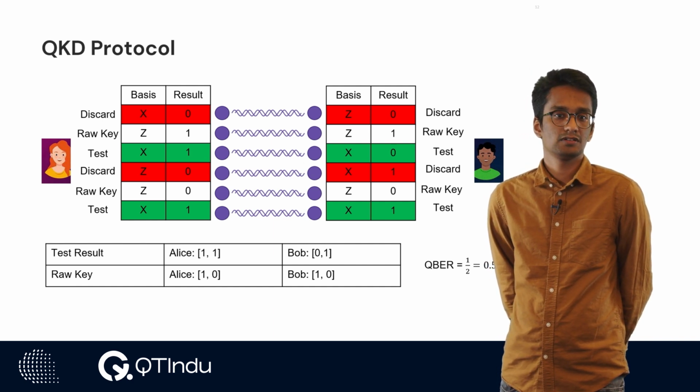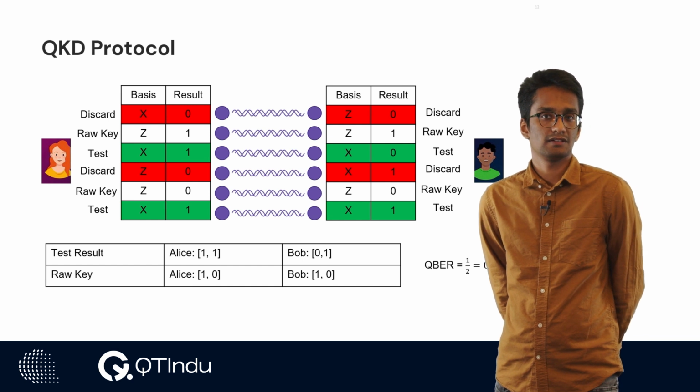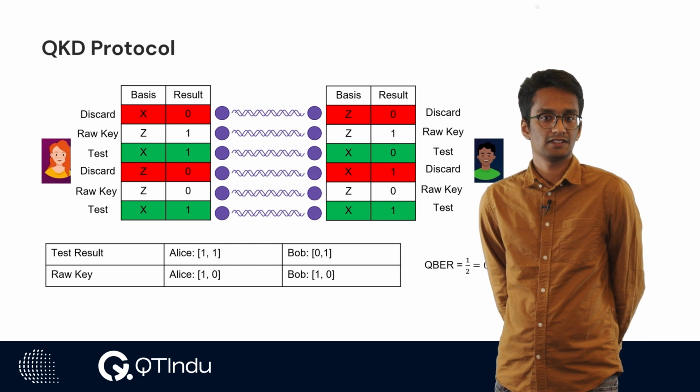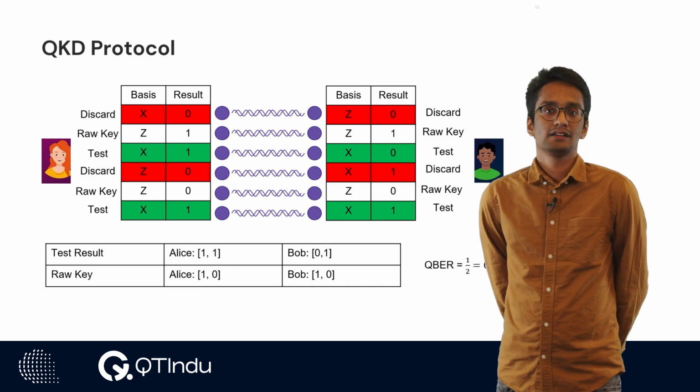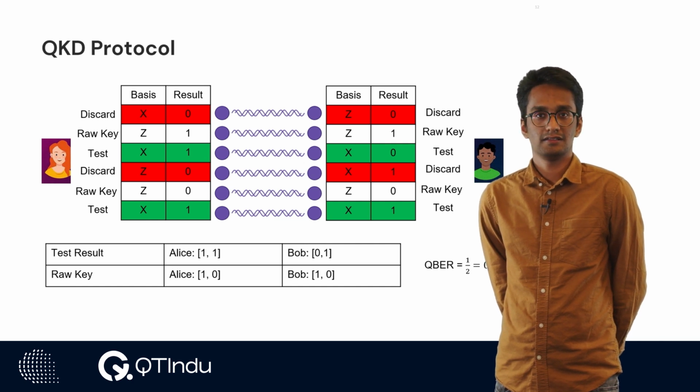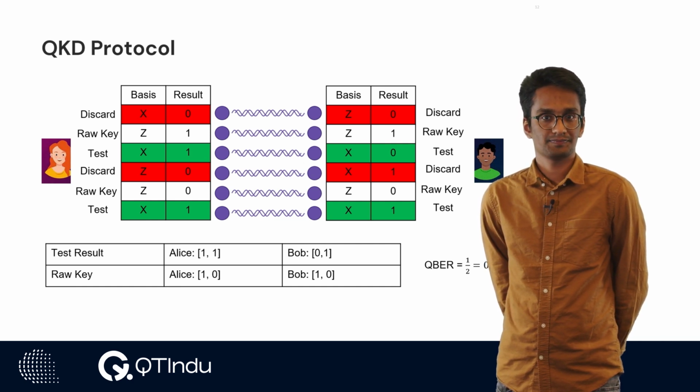Alice and Bob, however, will recreate their raw key based on rounds 2 and 5, which is 1, 0 for both of them. If Alice and Bob are happy with the QBER result that they've got, they'll take their secret key and perform privacy amplification techniques, and then create their full secret key.